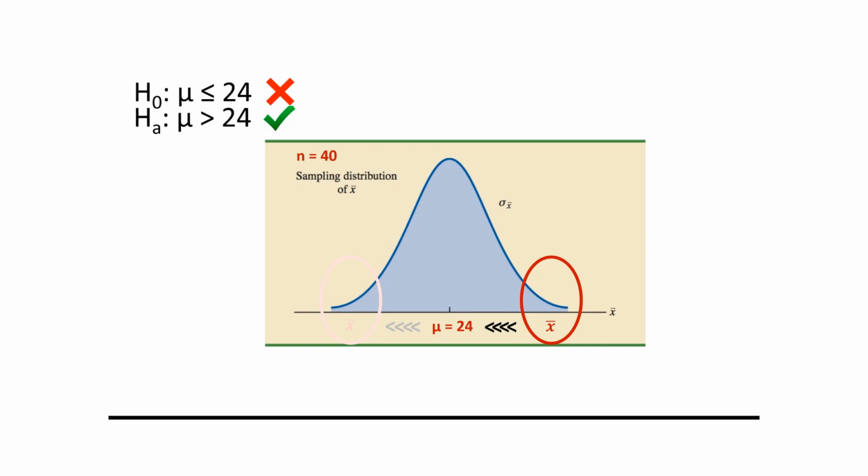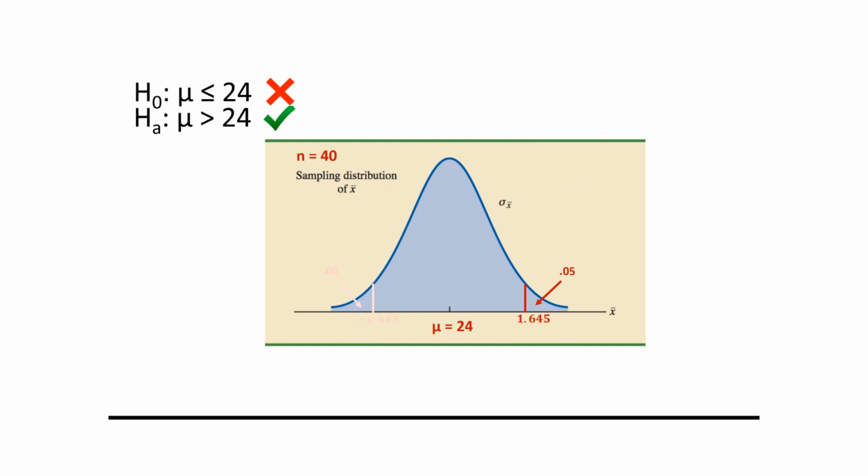So we are very unlikely to get such extremely high values for sample means. In other words, a very high sample mean value casts doubt that such a sample mean was drawn from a population with mean 24.